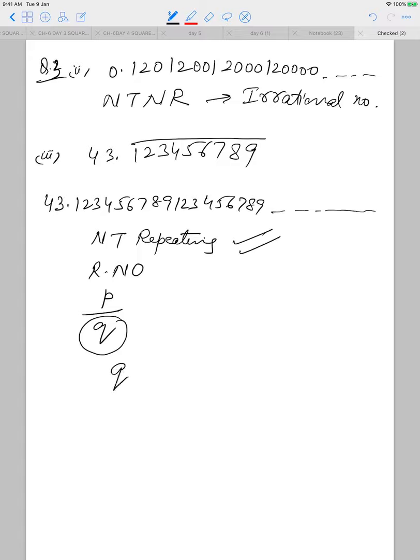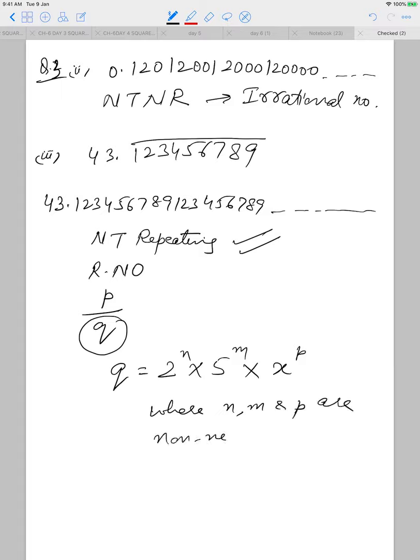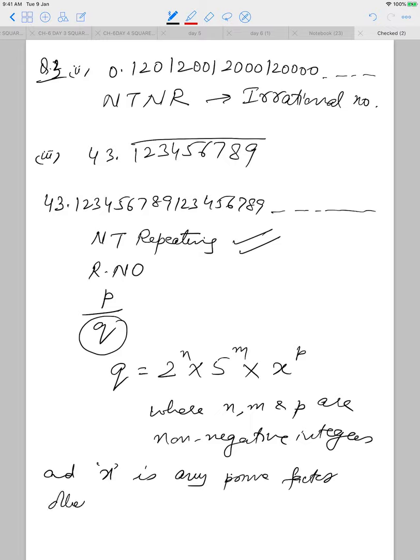It is of the form 2 raised to the power n, 5 raised to the power m into x raised to the power p, where n, m and p are non-negative integers and x is any prime factor other than 2 and 5.